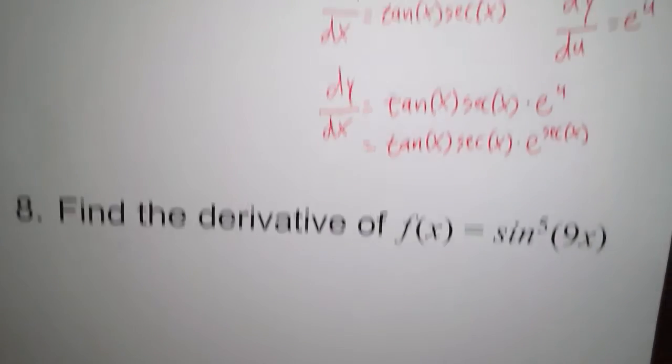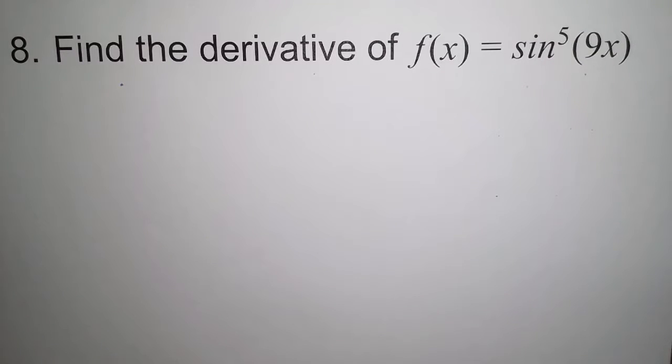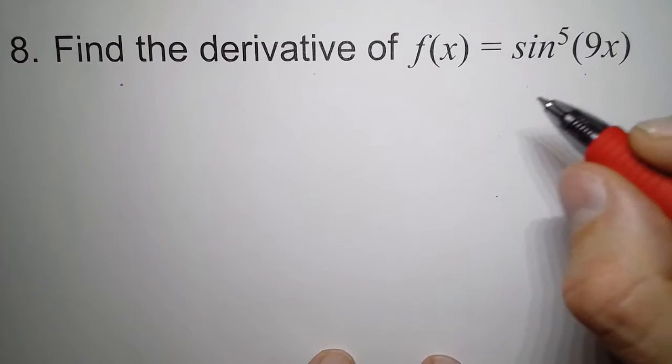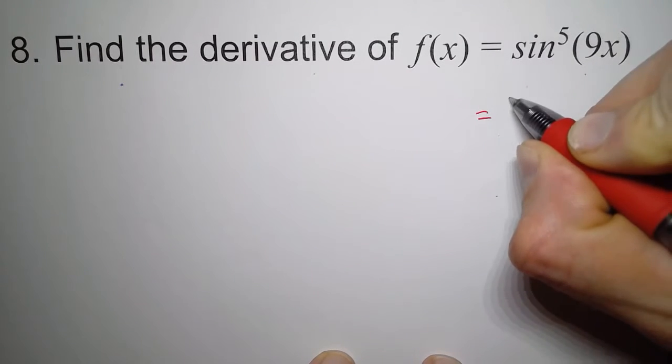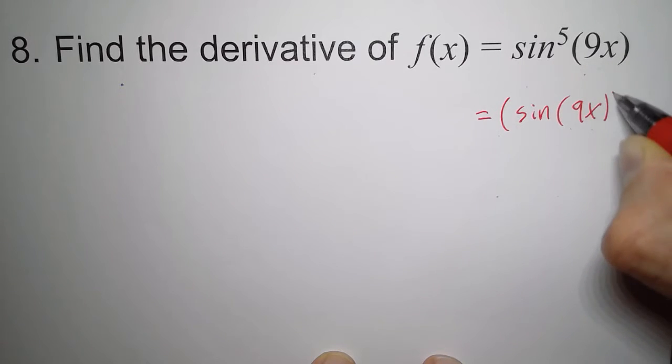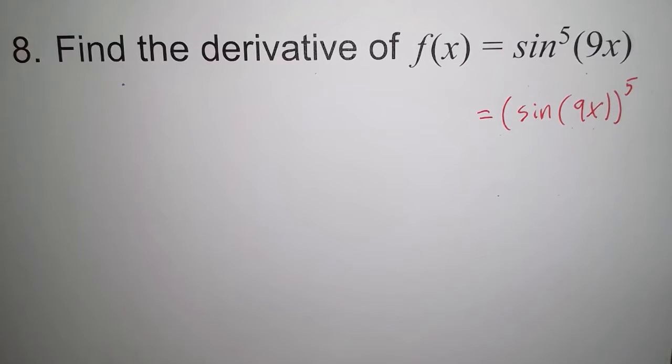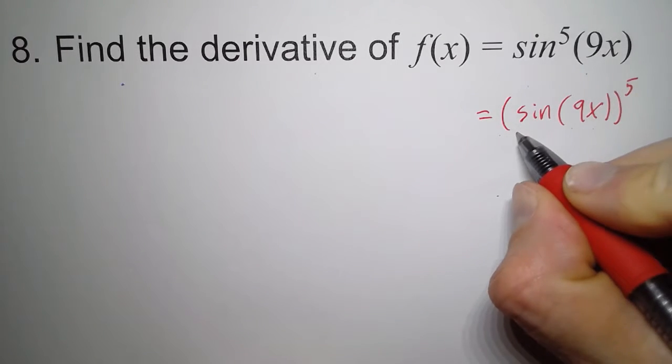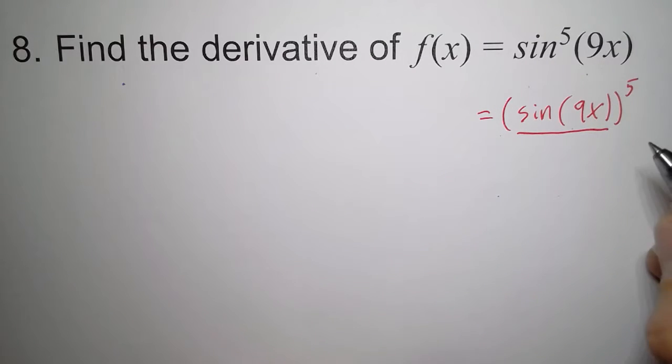Now looking at number 8, this one's a bit more challenging. Now let me rewrite this. So we have sine of 9x raised to the 5th power. So what we've got here is, it looks like our inside function is sine of 9x.